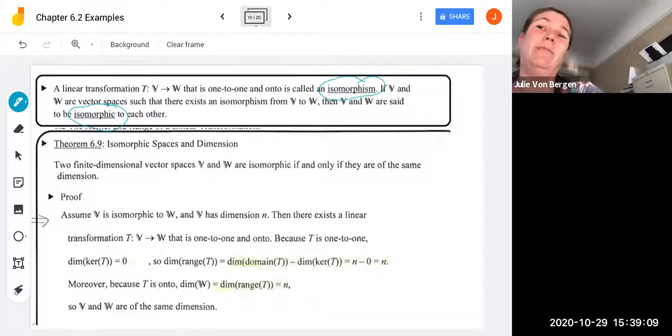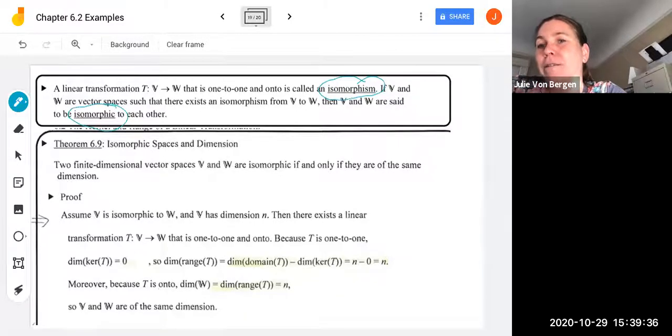And then if there's an isomorphism between V and W, then we say they're isomorphic to one another. So Theorem 6.9 says 2 finite dimensional vector spaces V and W are isomorphic if and only if they are the same dimension. And so that's why they have to be finite dimension, because try to imagine mapping something of infinite dimension onto something of infinite dimension. I'll let you think about that part.